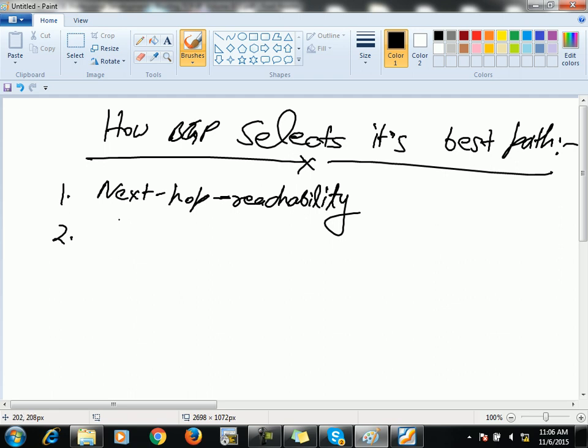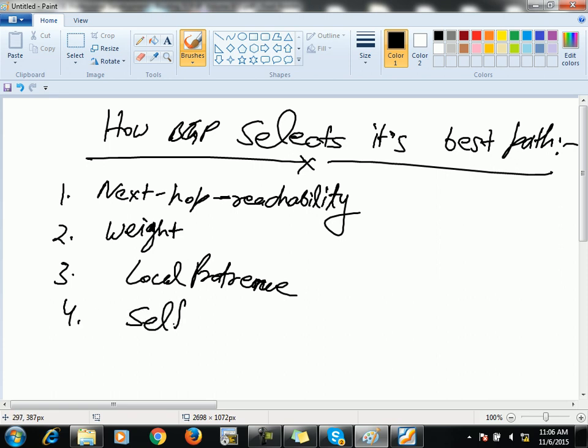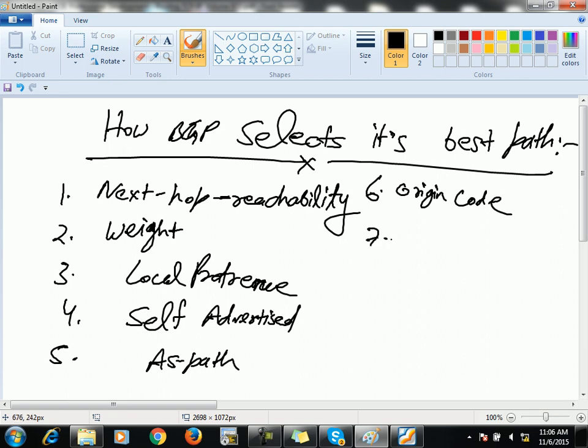Next, after next hop reachability, it will check weight attribute, which is Cisco proprietary. I will discuss it later on, but it will check weight. Third, local preference. Fourth, self advertised. Fifth, AS path. Then it will compare origin code. Seventh, MED. Eighth, external will always be preferred over internal.